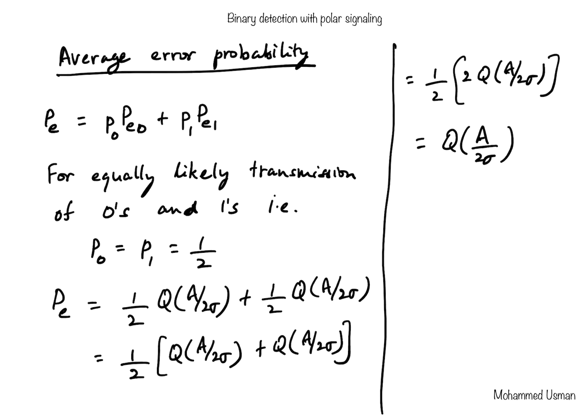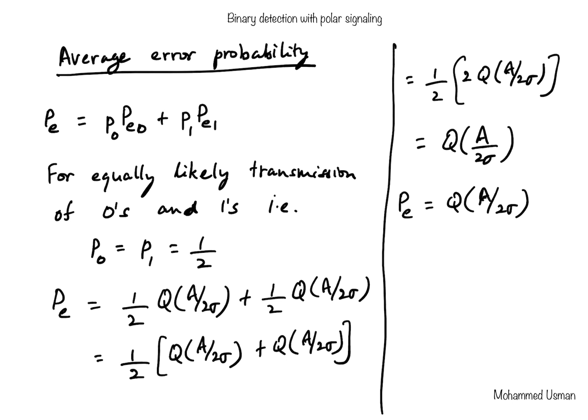So we have the average probability of error PE equal to the Q function of A by 2 sigma. This is the expression for the error probability for polar signaling that we are discussing now. And if you recall, we got exactly the same answer for unipolar signaling as well. So by looking at the error probability for unipolar and polar signaling, they look exactly the same, so it's difficult to make out which is better and which is the more appropriate type of signaling to use for communication purposes.